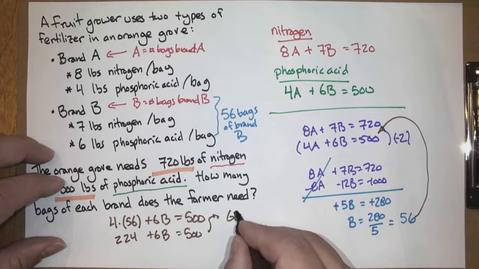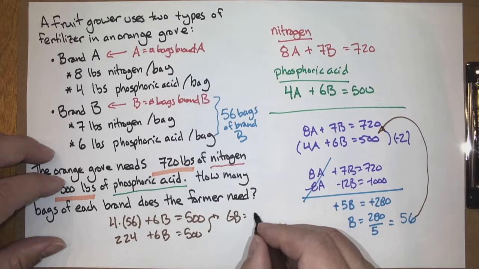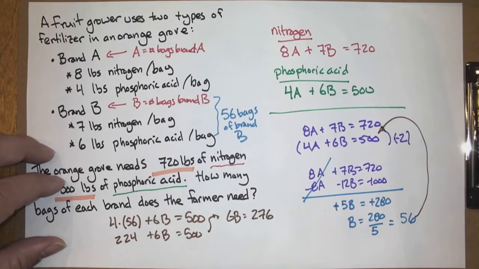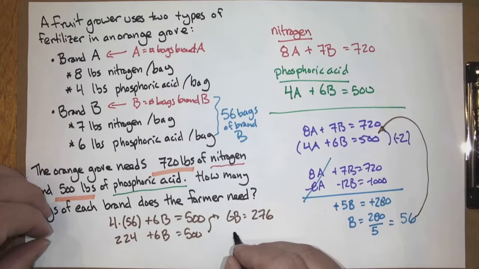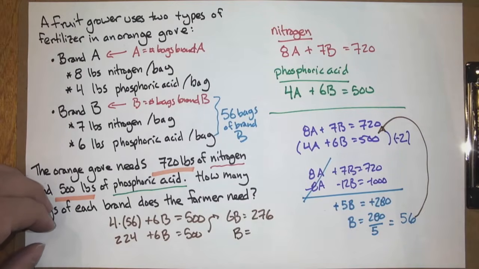If you subtract, that says 6b is 276. All right. And we divide. So 276 divide by 6. Well, our calculators can probably tell us that. It's 46.